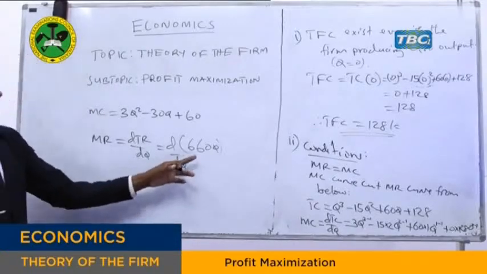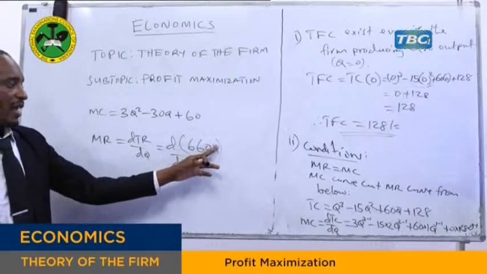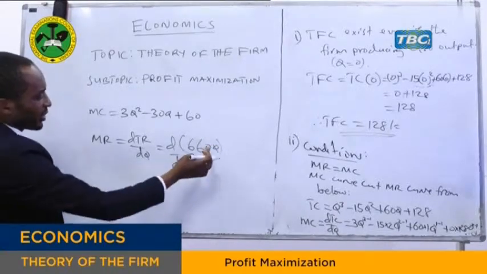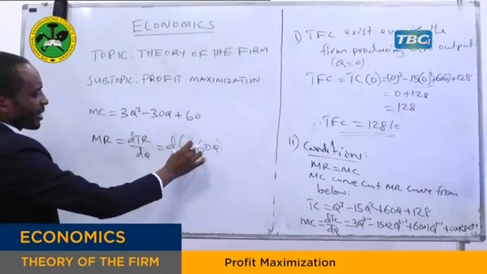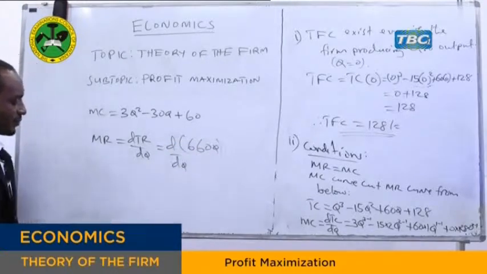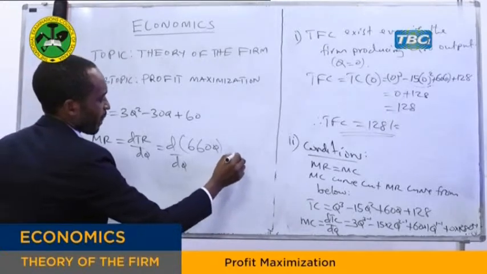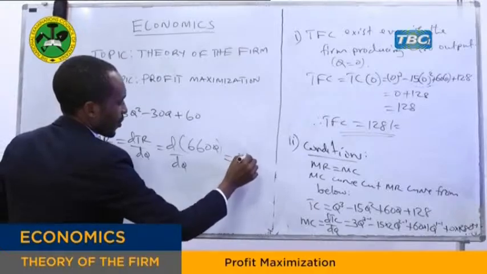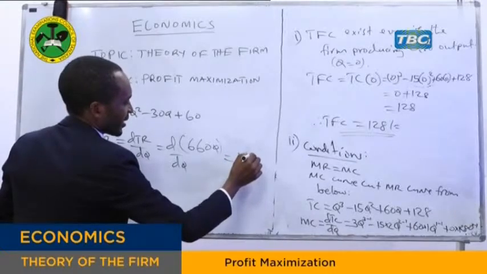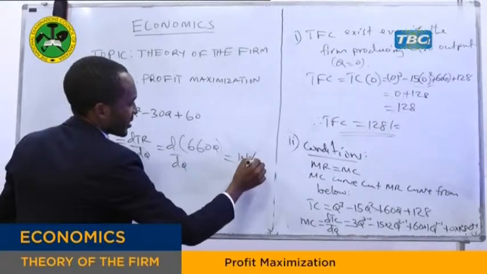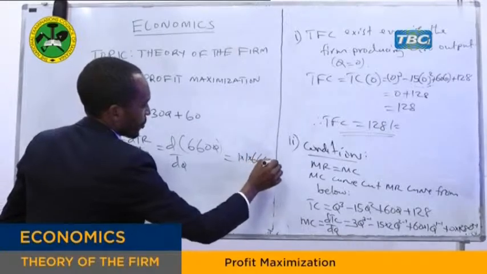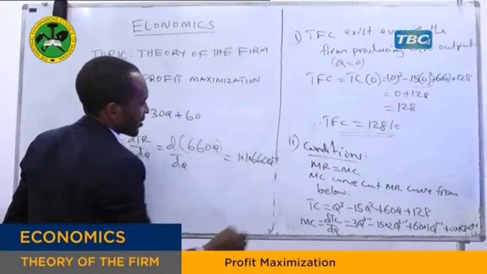Since this is power 1, the 1 comes down, so we multiply 1 times 660, then Q to the power 1 minus 1.